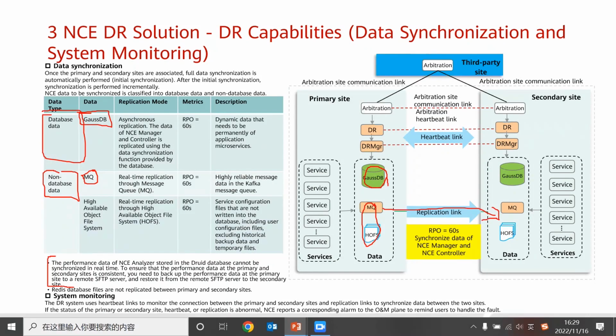To ensure that the performance data at the primary and secondary side is consistent, you need to back up the performance data at the primary side to a remote SFTP server and restore it from the remote SFTP server to the secondary side. So some databases cannot be synchronized in real time, and you need to do it manually. So if you're actually doing this, make sure you keep an eye on here.